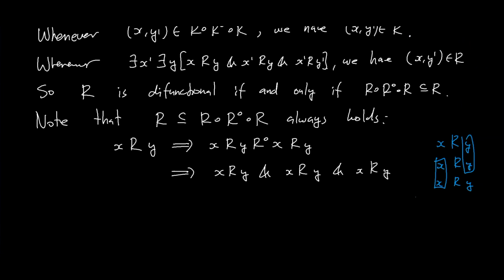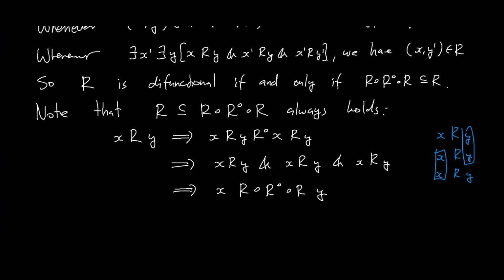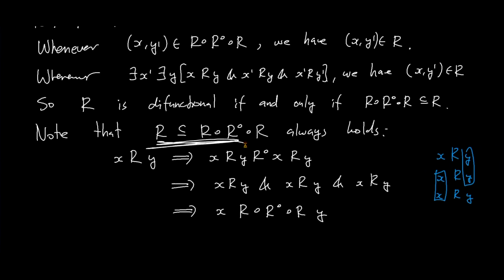So if I repeat XY in every row, then that is fulfilled. So that shows that XY will be in the triple composite relation. So X will be R composed with R op composed with R related with Y. Because this other inclusion always holds, just having one inclusion is equivalent to having equality.